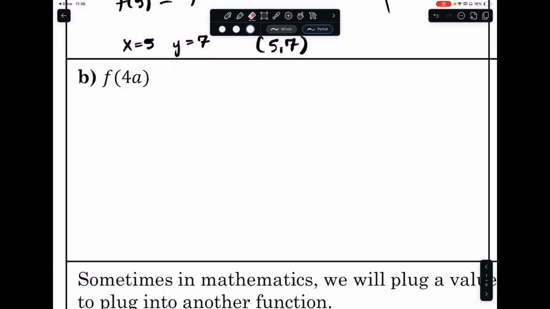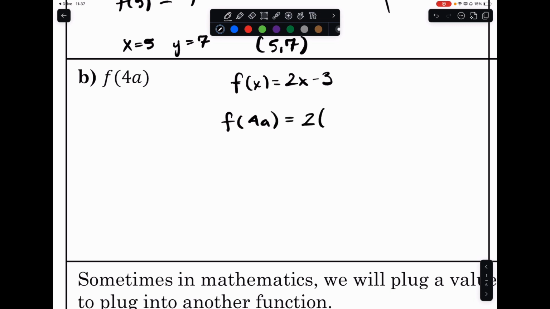Now let's look at example B. We want to now evaluate f of 4a. Again, f of x equals 2x minus 3. So f of 4a means that we're going to replace the value of x with 4a. So this would be 2 times 4a minus 3, which simplifies to 8a minus 3.